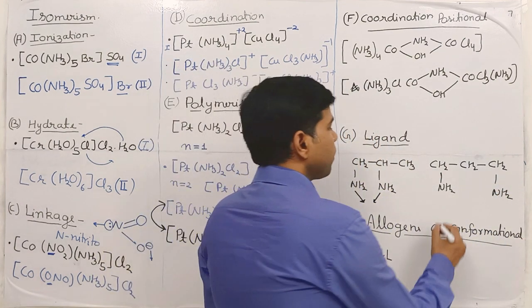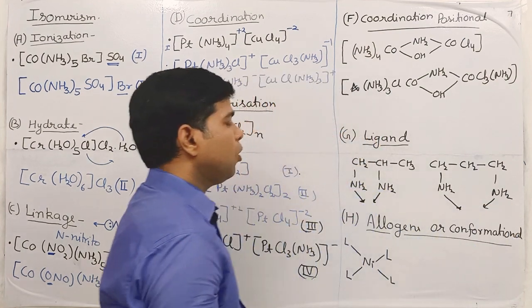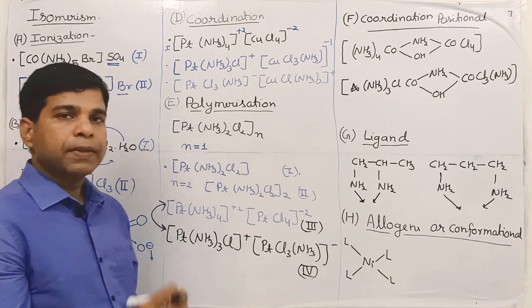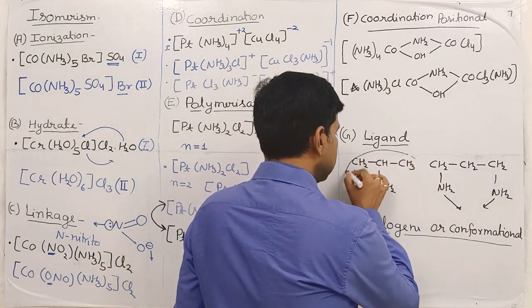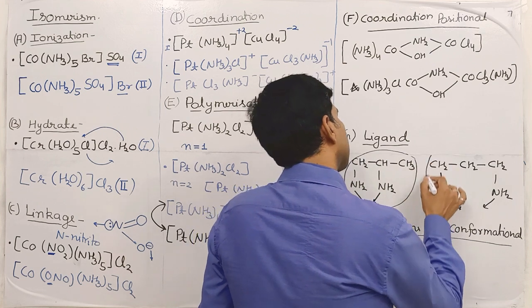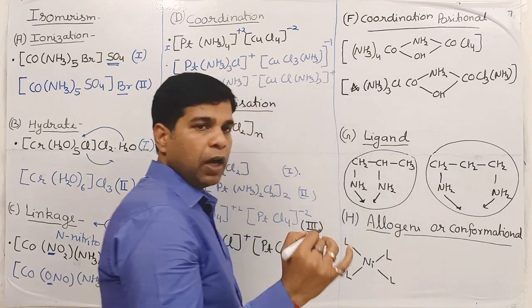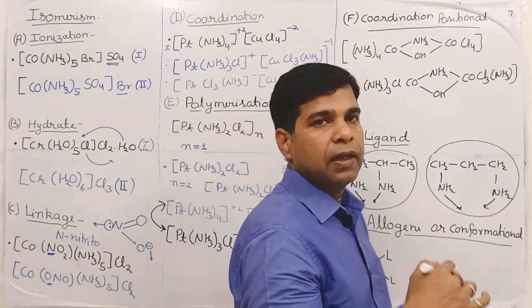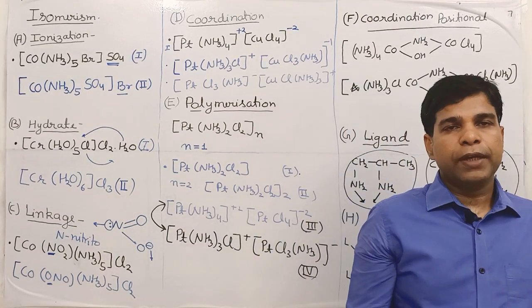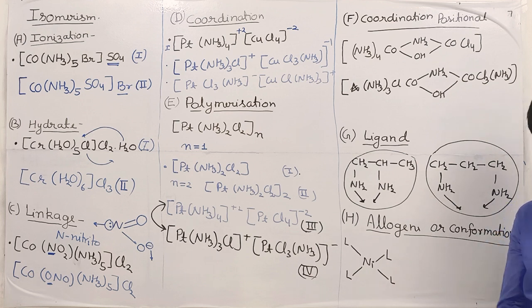It is also a bidentate ligand. And now maybe the isomerism is not present in the compound, but isomerism is present in the ligand. So the compound can show isomerism due to the isomerism present in the ligand. So this kind of isomerism we only have when we have isomerism in the ligands.